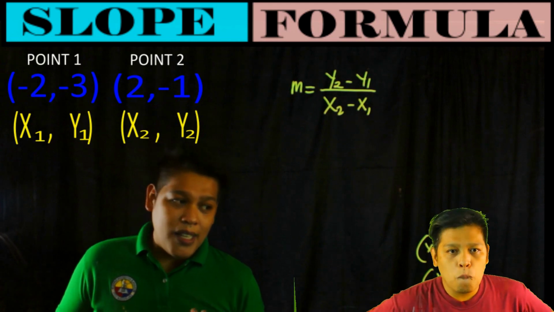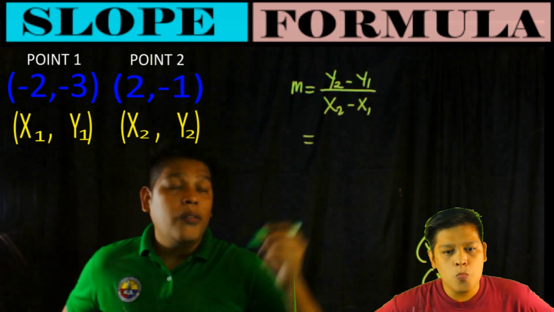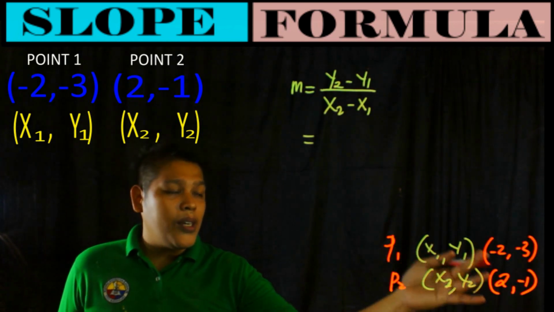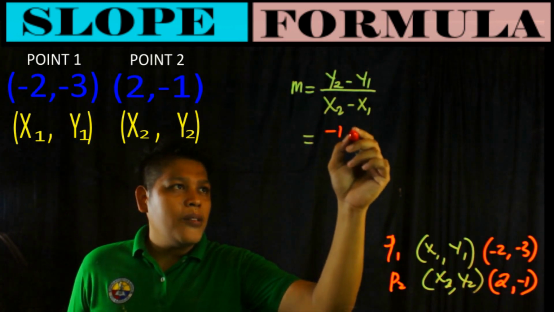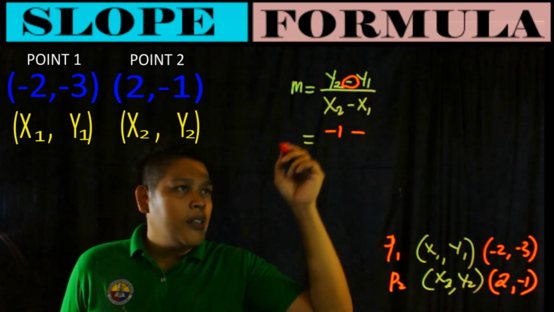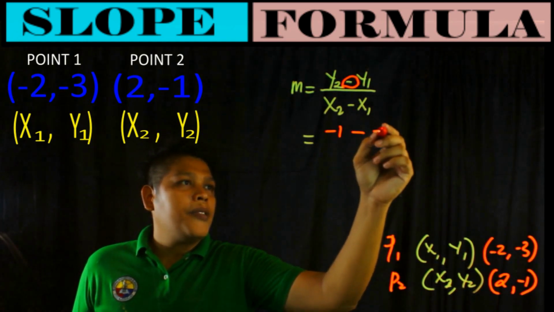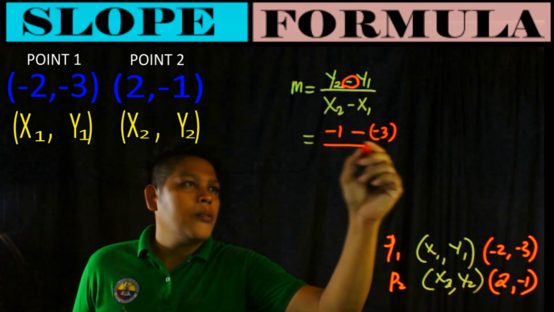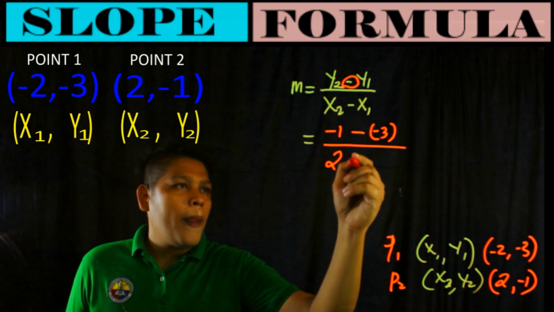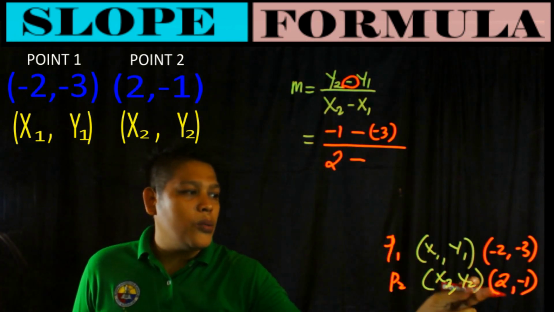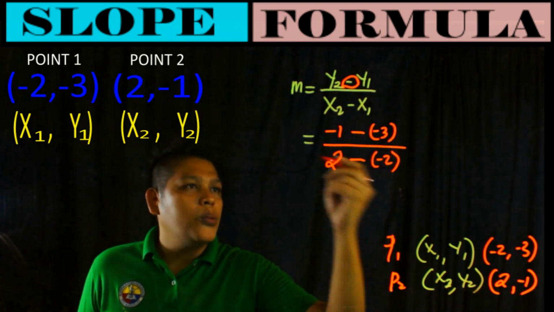So, anong gagawin natin sa mga points na yan? Ipa-plug in lang natin sa ating formula. What is our y sub 2? Which is negative 1, minus negative 3, divided by x sub 2 minus x sub 1, which is 2 minus negative 2.